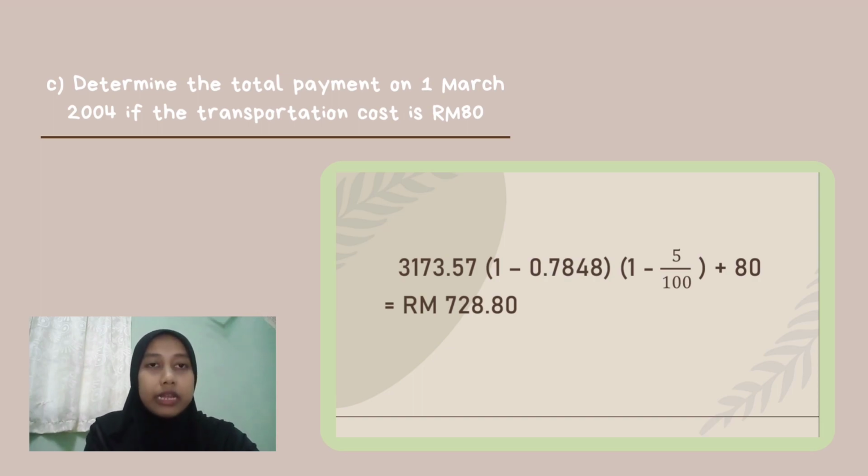So the calculation will be RM3,173 ringgit and 57 cent multiplied by 1 minus 0.7848 ringgit, and multiply by 1 minus 5 per 100, and plus 80. So the answer for this question, we will get RM728 ringgit and 80 cents.